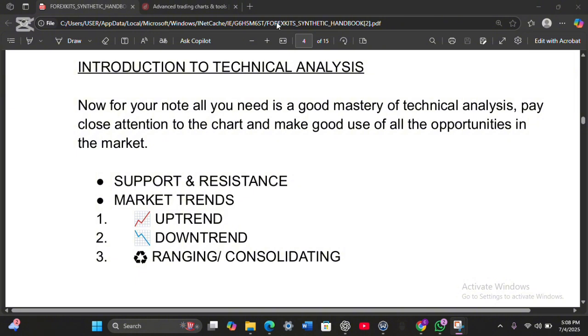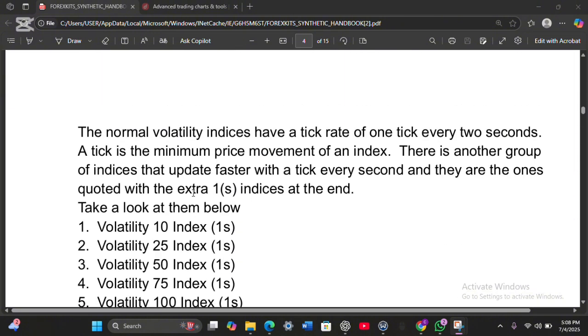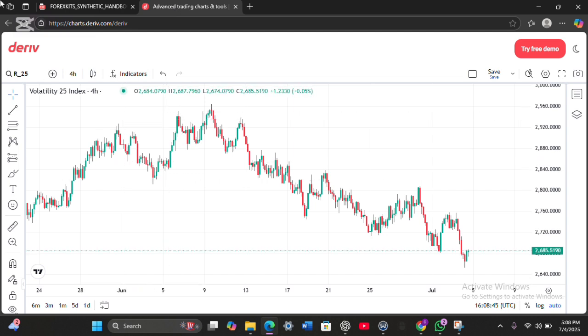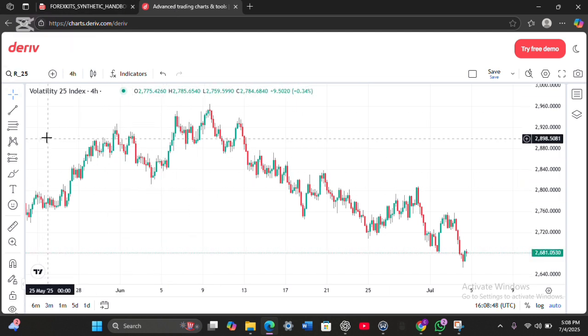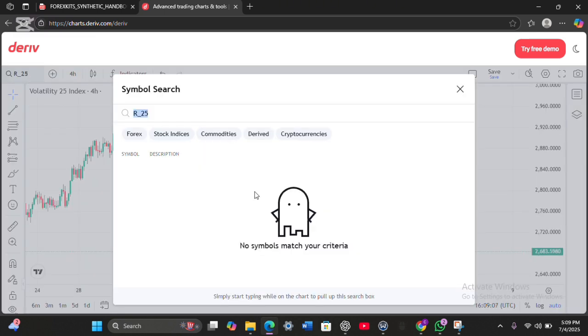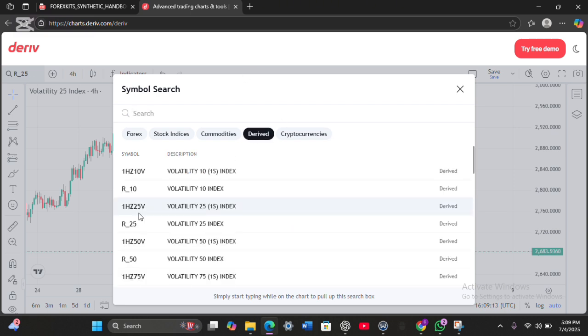And just before I go, I'm going to show you where you can see the different instruments traded on the synthetic indices market. You can just search Deriv trading view, and it will bring you to the site. When you click on this part, you see the different types of instruments that are traded on the Forex synthetic market.